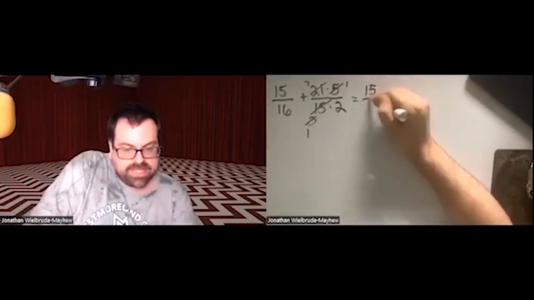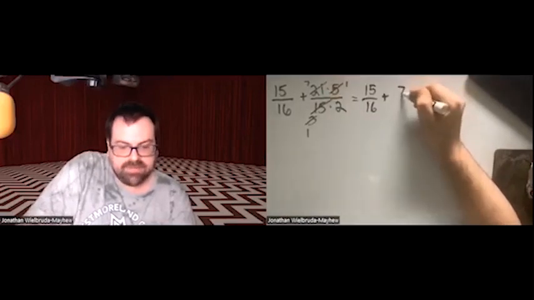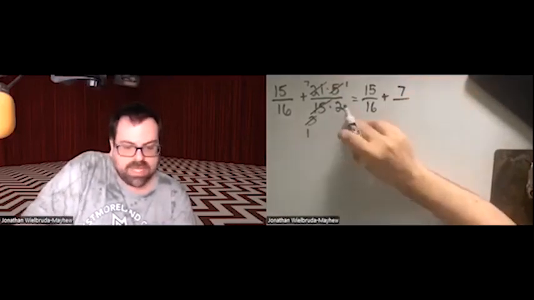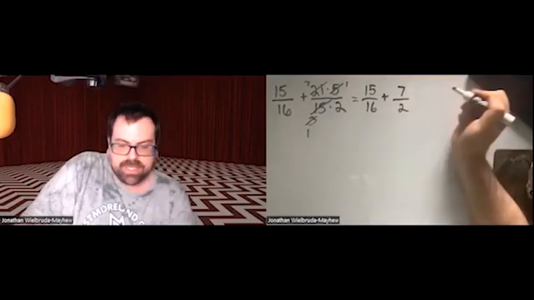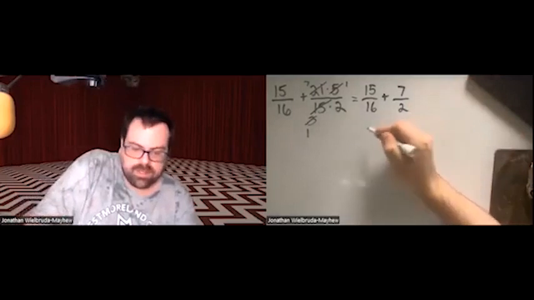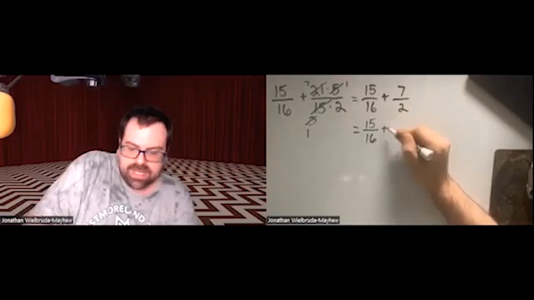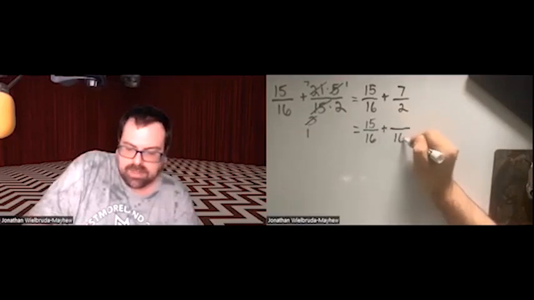Gives us 15/16 plus 7 times 1 is 7. 1 times 2 is 2. So much easier. It's always easier when we can cancel completely.